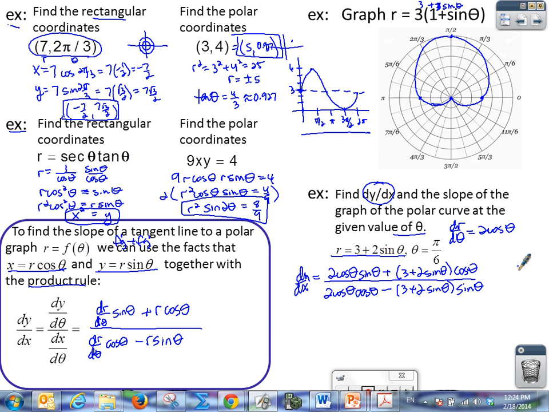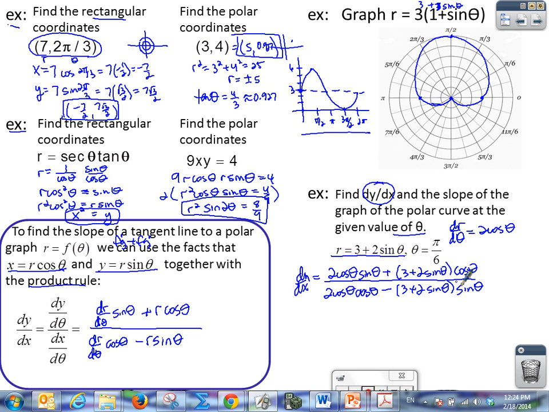But you do need to know how to simplify it in case the purpose is just finding the derivative. If the purpose is just finding the derivative, I can tell you that the answer choices are not going to look like this. So let's work on simplifying. I'd like to do some of this in our head. So 2 cosine sine, we know what that is, right? That's sine 2 theta. All right, if you look over here, when I distribute this cosine, I'm going to have another 2 sine cosine.